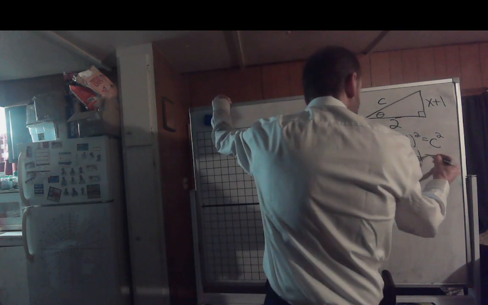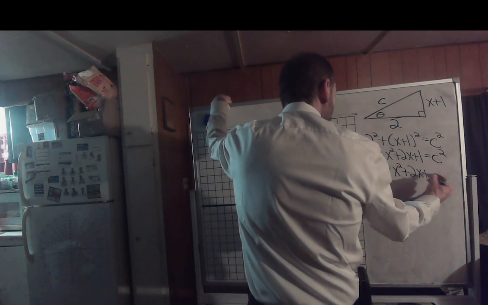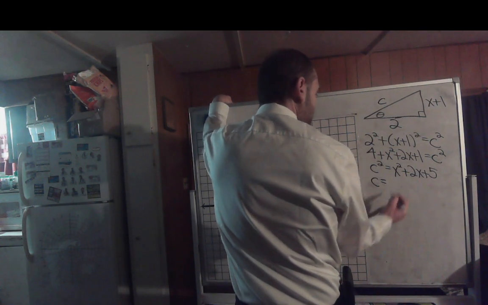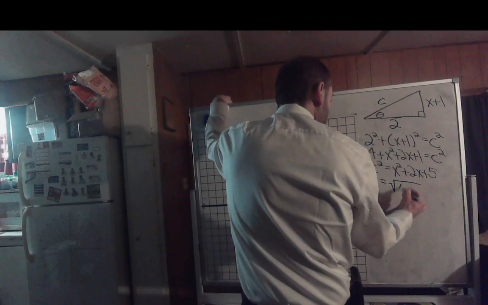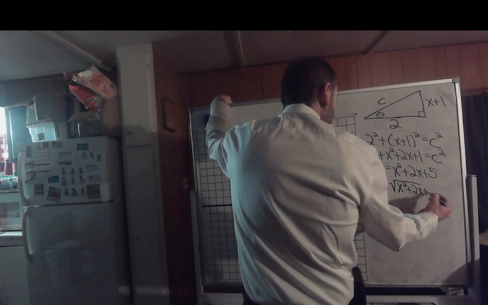So 4 plus x squared plus 2x plus 1 equals c squared. So c squared equals x squared plus 2x plus 5, which means that side c, the hypotenuse, equals the square root of x squared plus 2x plus 5.